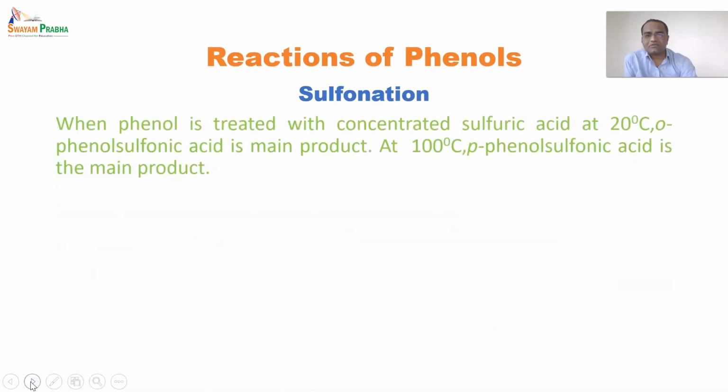After that, sulfonation of phenols. When phenol is treated with concentrated sulfuric acid at 20 degrees Celsius, it gives orthophenol sulfonic acid as the main product, and when it is heated at a high temperature, that is 100 degrees Celsius, it gives paraphenol sulfonic acid as the main product.